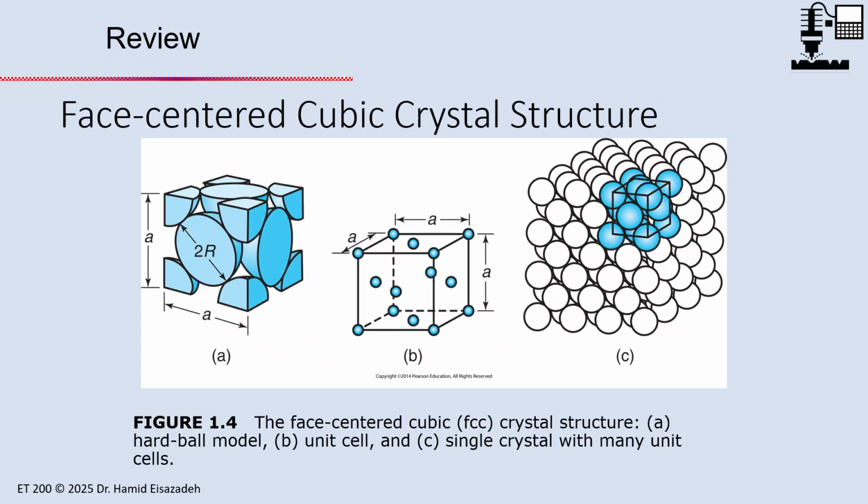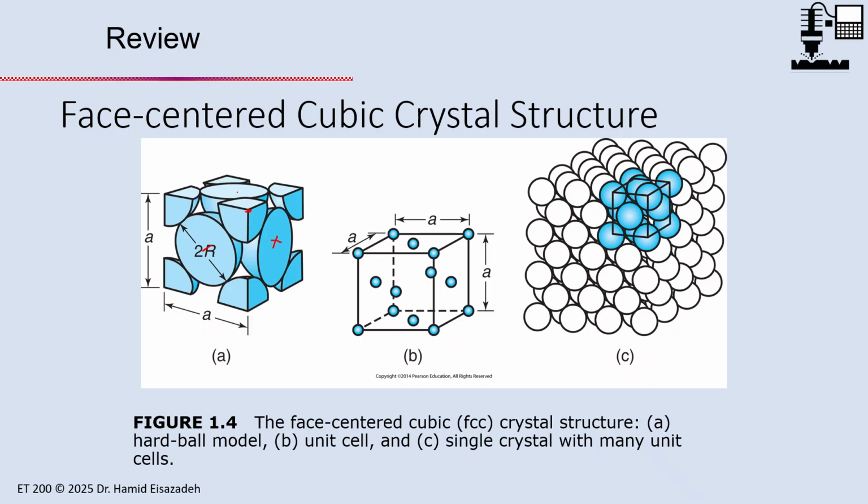And then we discussed the FCC crystal structure, where we still have one atom on each corner, but instead of having one atom in the center of the unit cell, we have atoms located on the faces. So one atom here, one atom on the top side, one atom here.